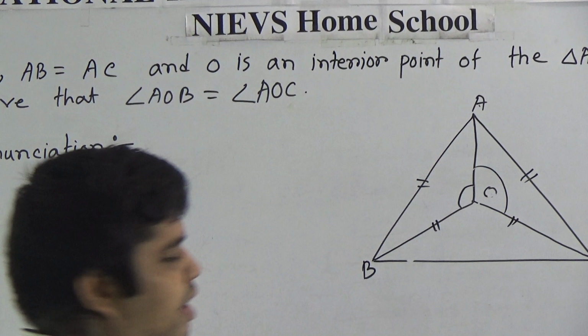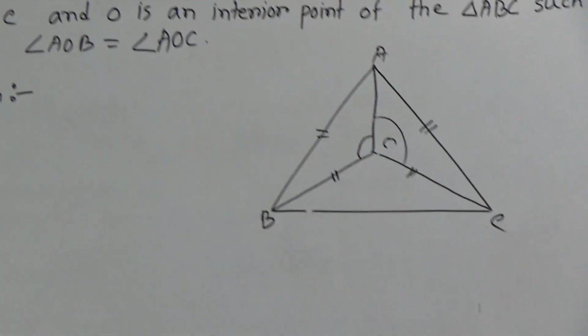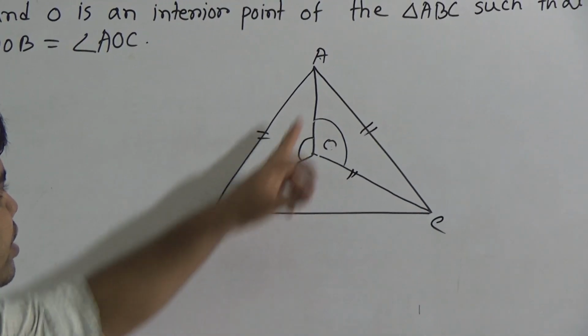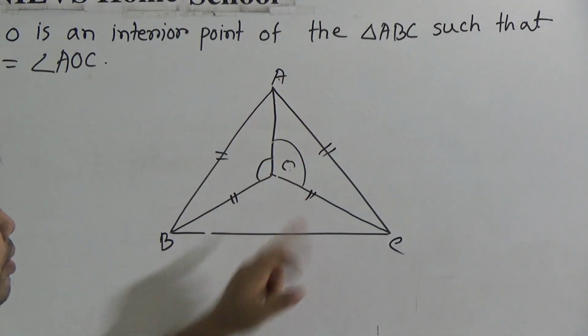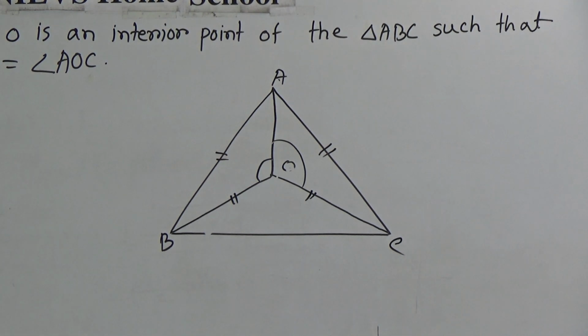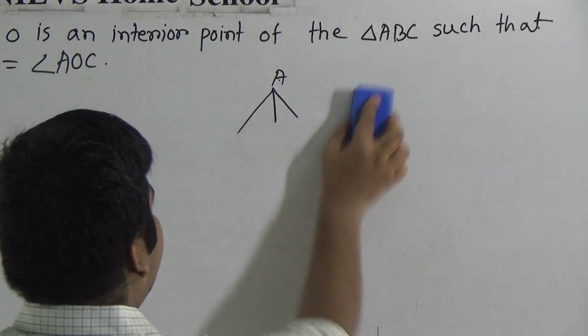I hope you have understood how to prove it. My dear students, I repeat, we need to prove that angle AOB equal to angle AOC. Okay. Now we draw the original figure.